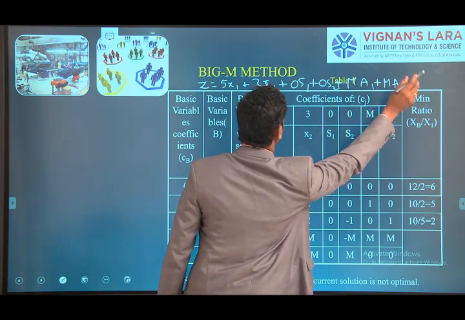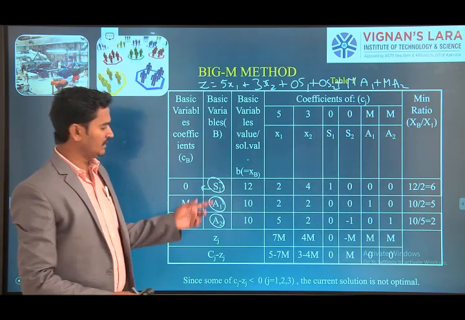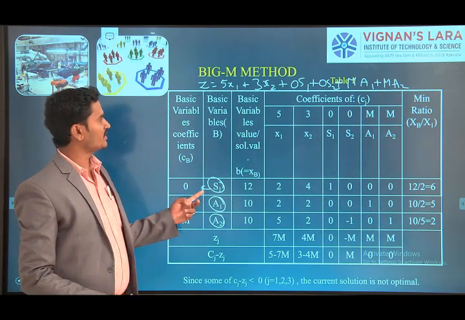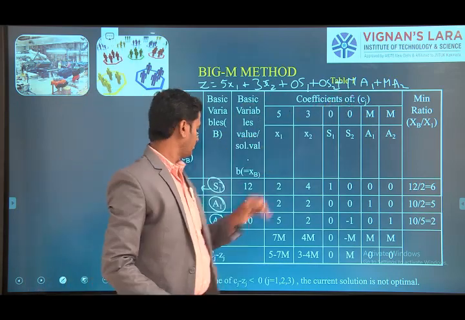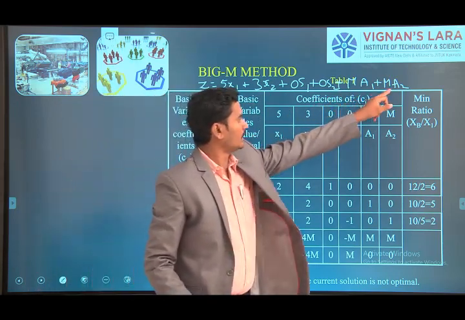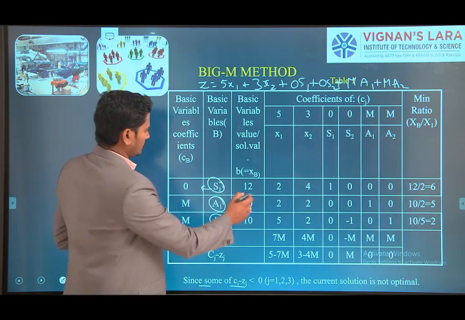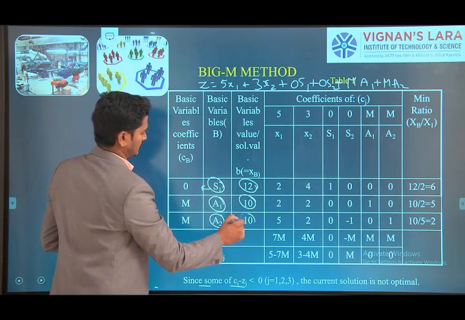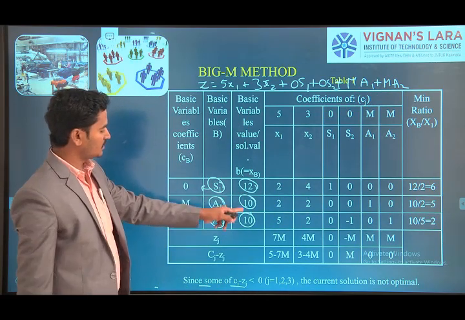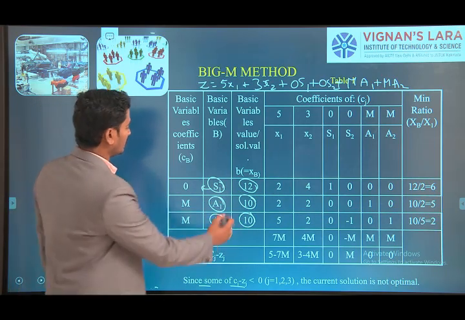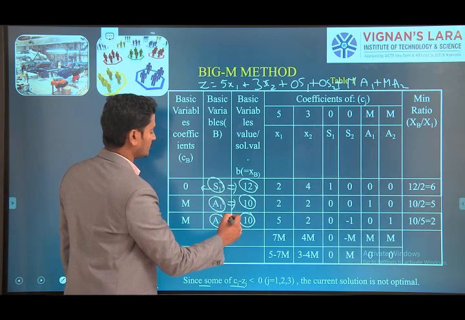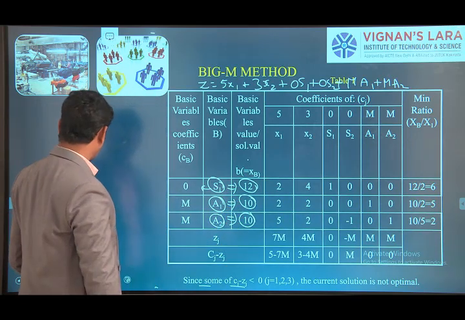This is our objective function. Here, what is the coefficient of S1? S1 is 0, A1 is M, and A2 is M. Then these are the solution values of the initial basic feasible solution. Here S1 is equal to 12, A1 is equal to 12, A2 is equal to 10.